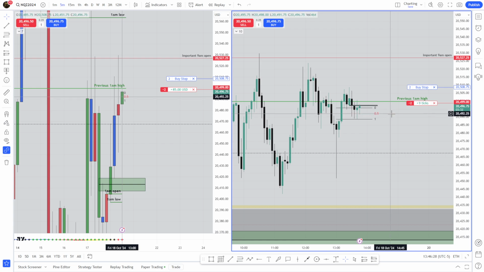Okay, we have this wick down to 50%. We have 5-minute candles. We're not following through in any direction yet.